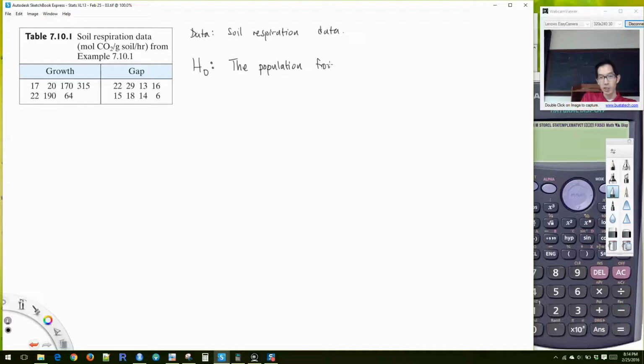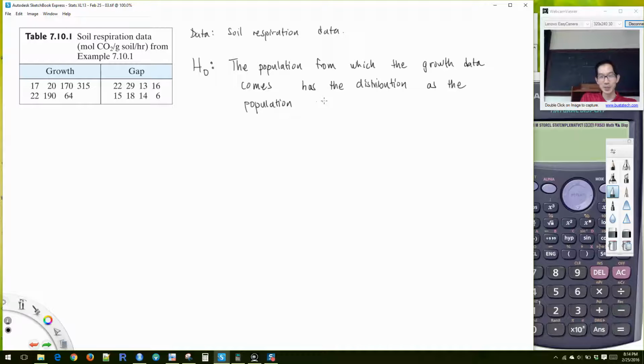So we have to say something like: the population from which group 1, the growth data, comes has the same distribution as the population that produces the gap data.